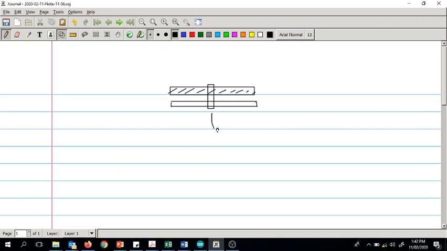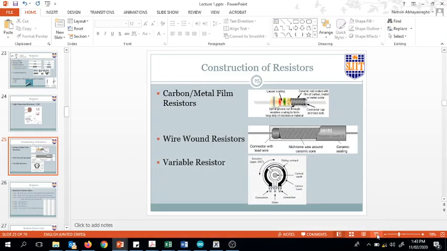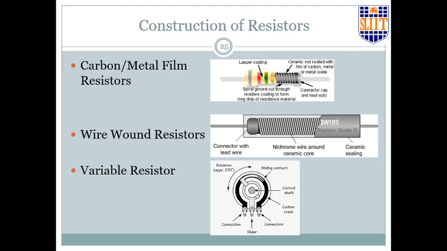This is the slide, right? So this end and this end give you the fixed two ends, and this will be the variable point, right? You see this linear type in graphic equalizers, sometimes in amplifiers for volume control purposes, right? The other one is the rotating type, which is available in most electronic devices for volume controlling purposes and so on and so forth.